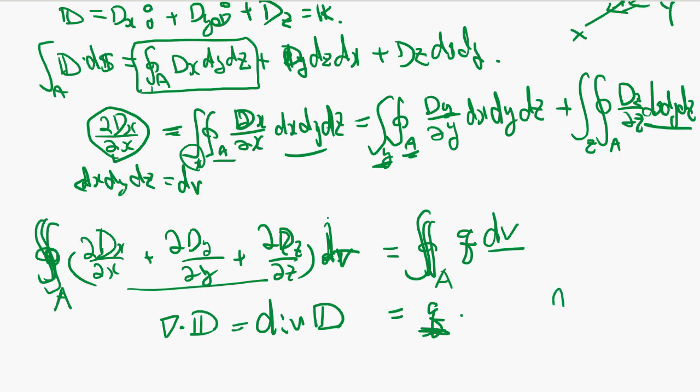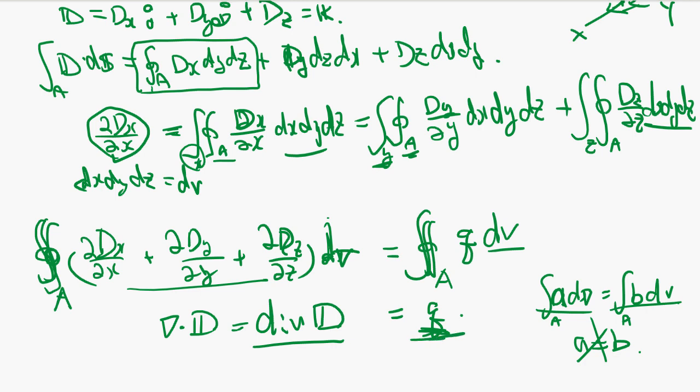Well, you cannot say A is something and B is something just because the integrals are equal. Is this correct? Not really, right? So you cannot say this one is this, but you can say it in this case.